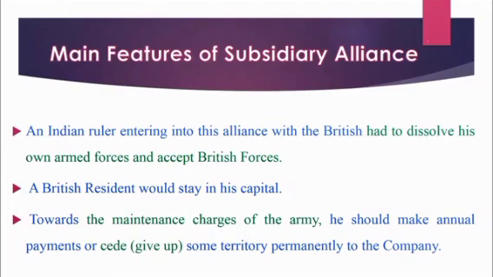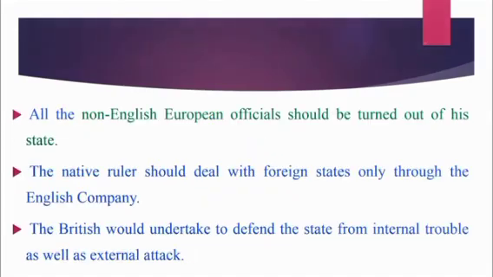The third feature is that towards the maintenance charges of the army, he should make annual payments or cede. Cede means give up some territory permanently to the company. The next feature is all the non-English European officials should be turned out of his state.